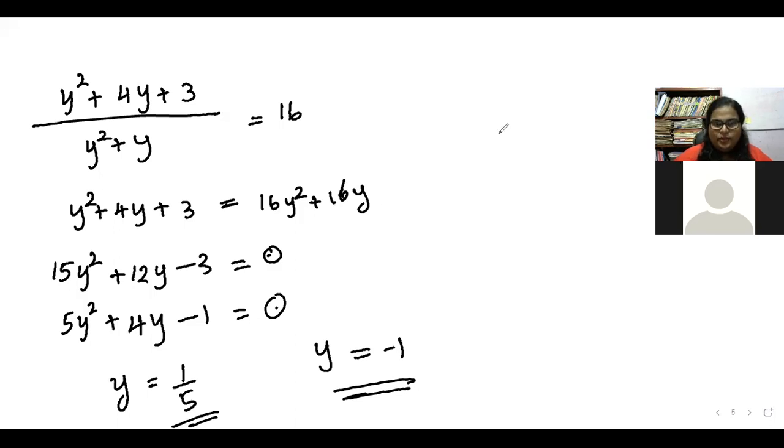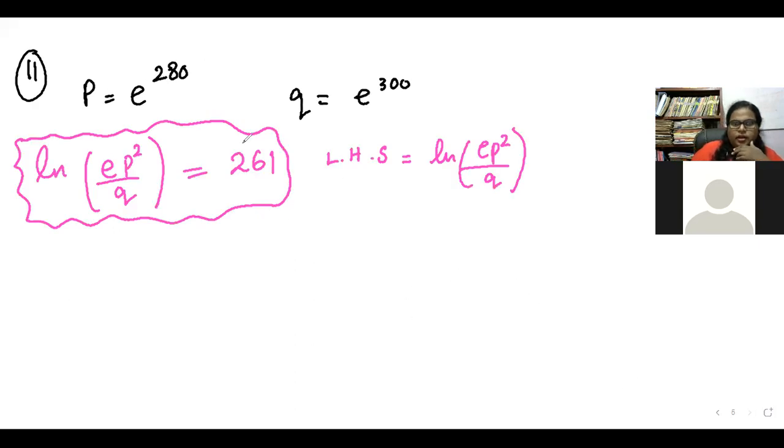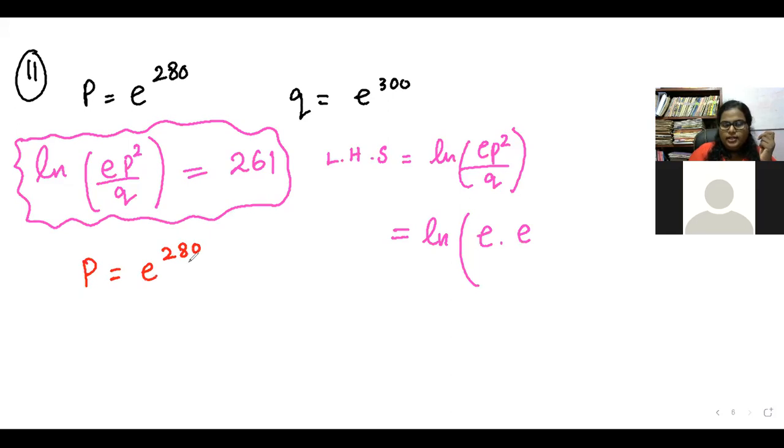Wait. Right. Then here, the first thing we can do is substitute some values for this P and Q, because P and Q are given in terms of e functions. So we can write this as ln e, and the P square we can write as e to the power, P is equal to e to the power 280, and here we have to use P square.